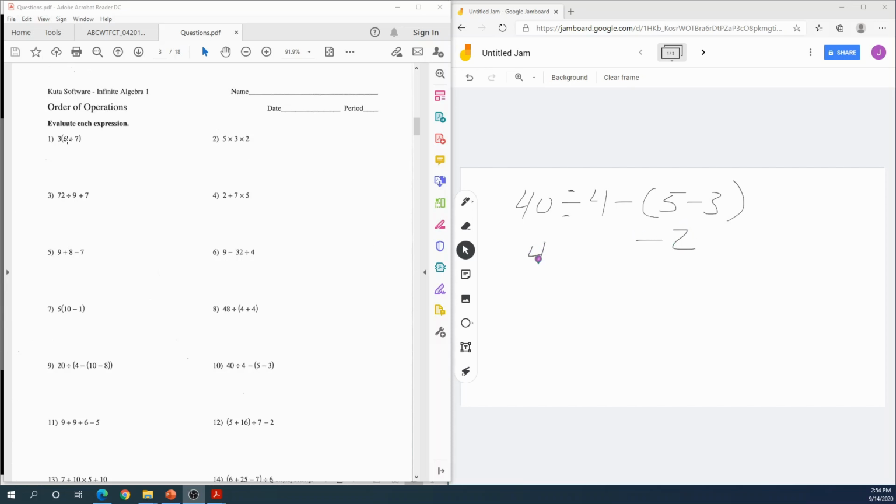So we still have 40 divided by 4 minus 2. We don't have any exponents, so we'll go with our multiplication and division next. 40 divided by 4 is equal to 10, minus 2. Then 10 minus 2 is equal to 8.